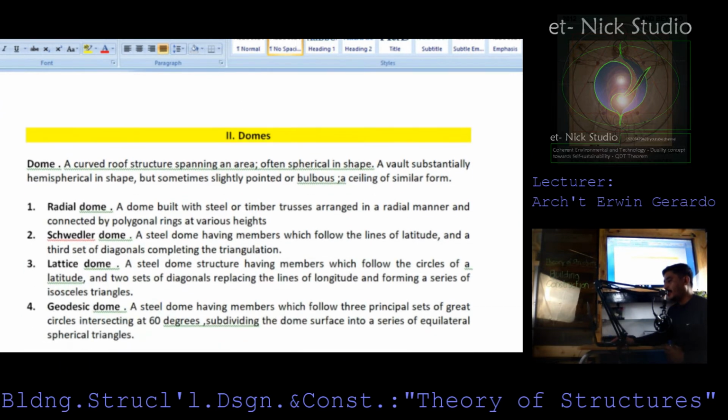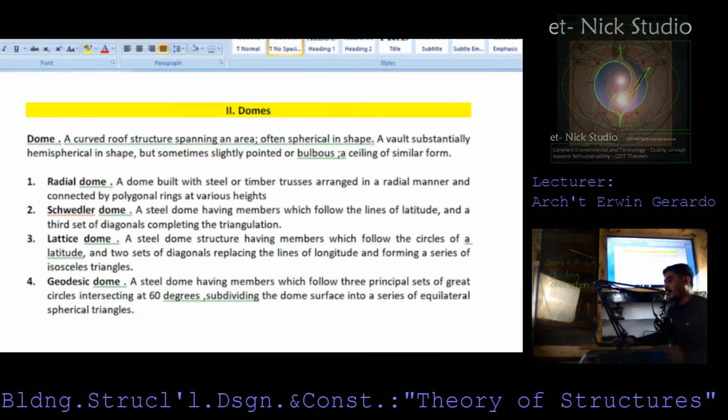Dome. So a dome is a curved roof structure spanning an area, often spherical in shape. A vault, substantially hemispherical in shape, but sometimes slightly pointed or bulbous.